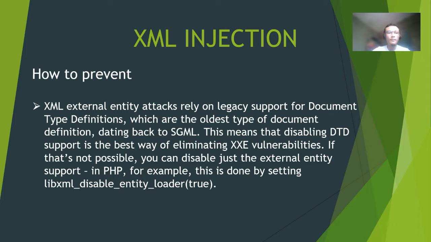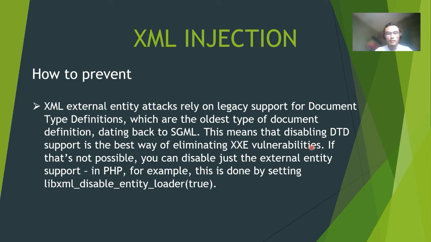Now, how can we prevent XML injection in a web application? XML external entity attacks rely on legacy support for document type definitions, which are the oldest type of document definition, dating back to HTML.